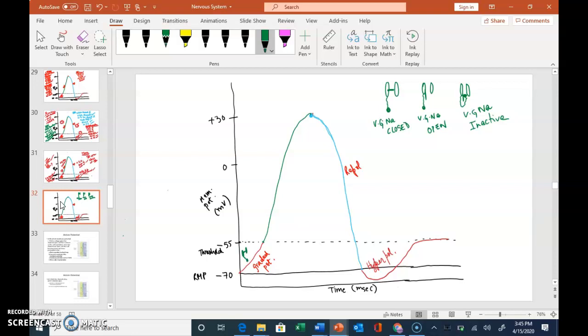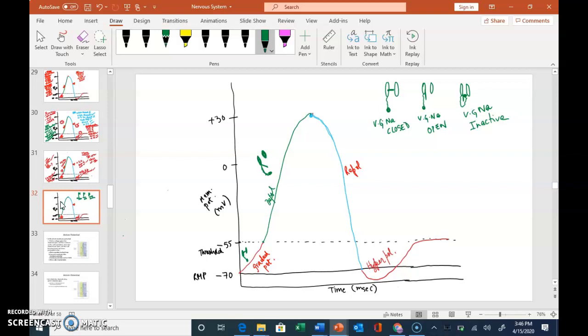How do these voltage gated sodium channels look during depolarization? So this is depolarization, and from threshold to the peak, which is positive 30, during this phase the voltage gated sodium channels are wide open and sodium can rush into the cell.